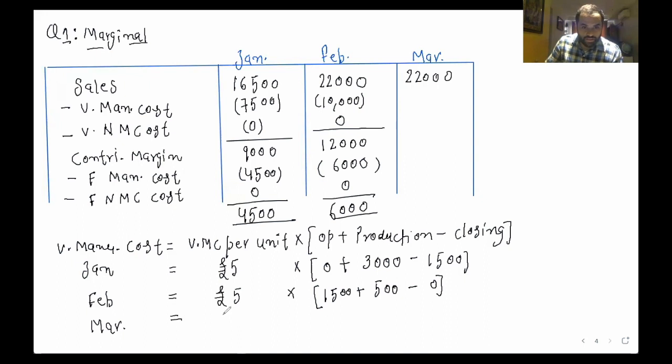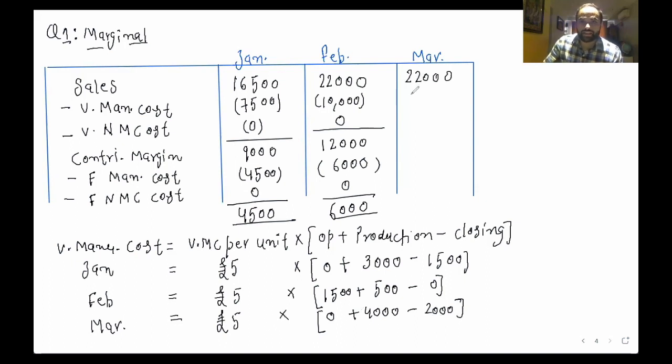So it's 5 multiplied by opening is 0 plus how much is production for the month of March? Production is 4,000 less closing. How much is closing? 2,000. Closing is 2,000. So which is 2,000.